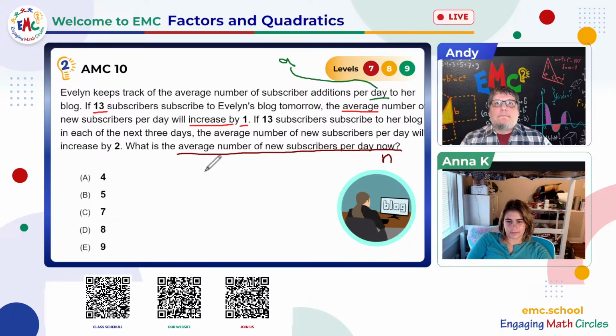So, how do I find the average? What's the formula for the average number of new subscribers?